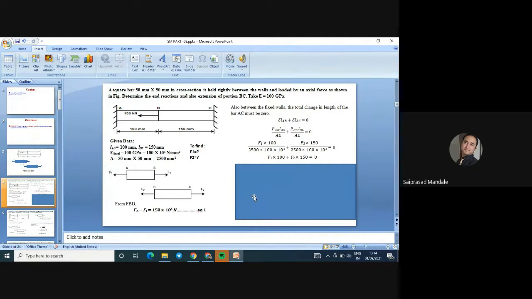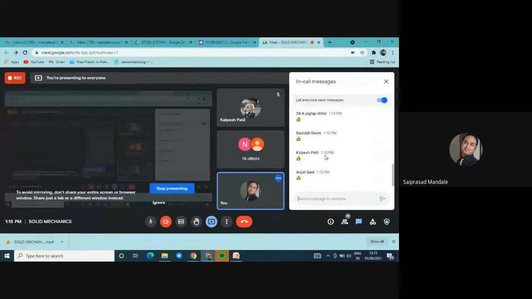Everybody has to do this. Maybe this is the voice of the chair. Please tell me the relationship between F1 and F2. Everybody has to do it. Anjali Sant, Kalpesh Patel, everybody has to do and tell me.